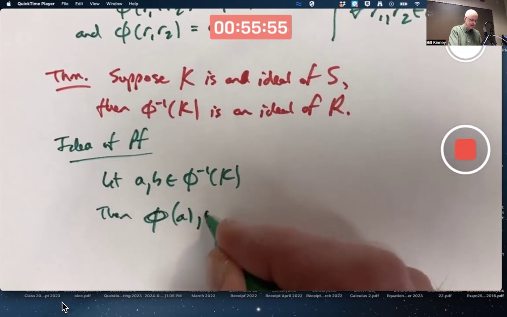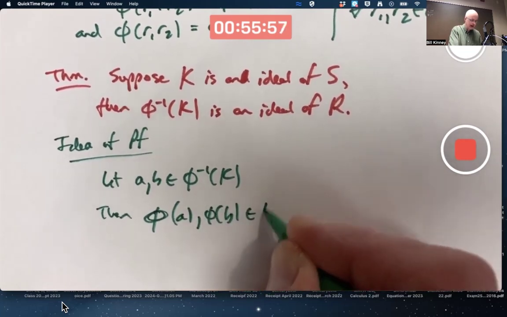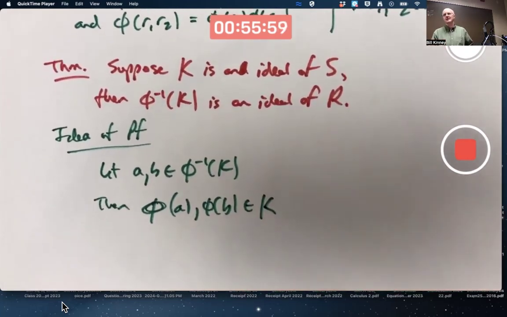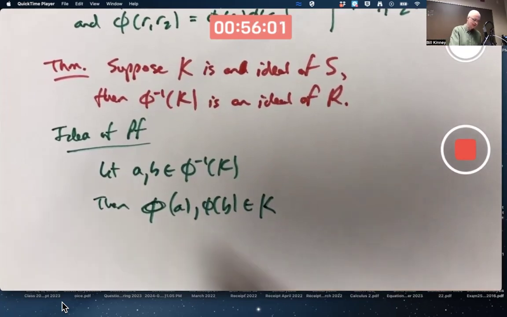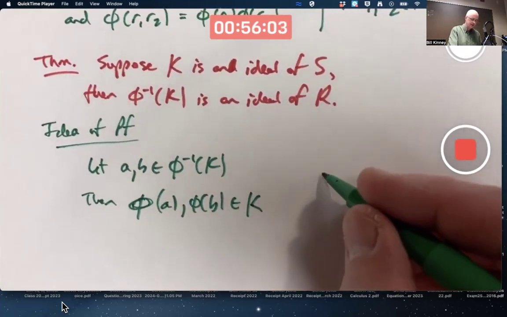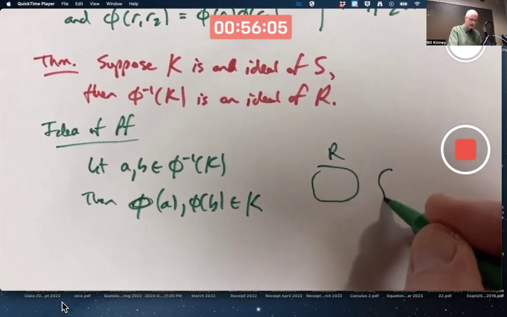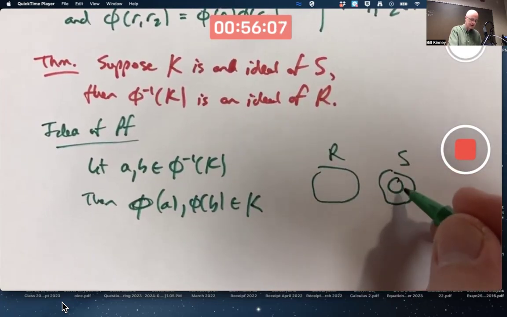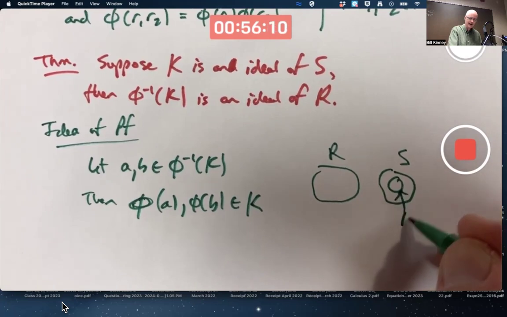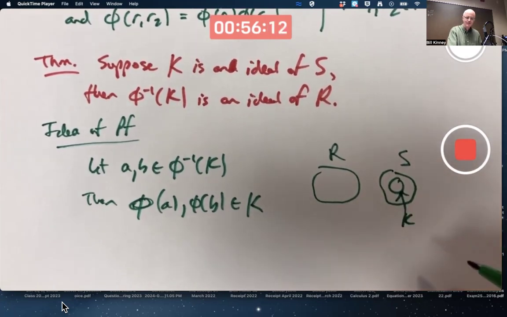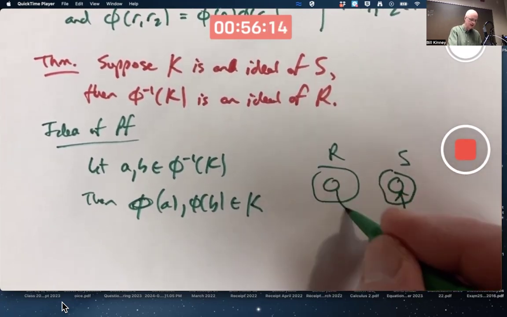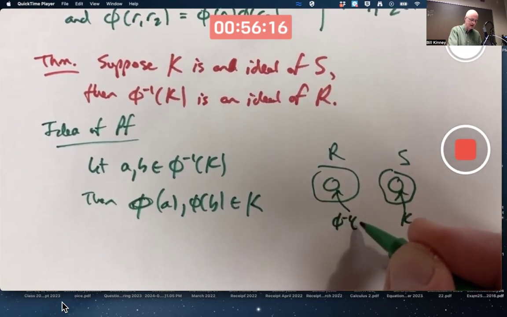First of all, this means phi of A and phi of B are in K. Draw a picture if you're feeling confused. Here's R, here's S. K is over here. It's an ideal in S. The preimage is over here. You're trying to show that's an ideal in R.